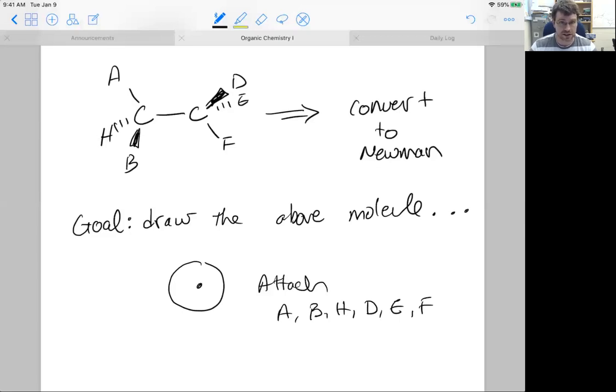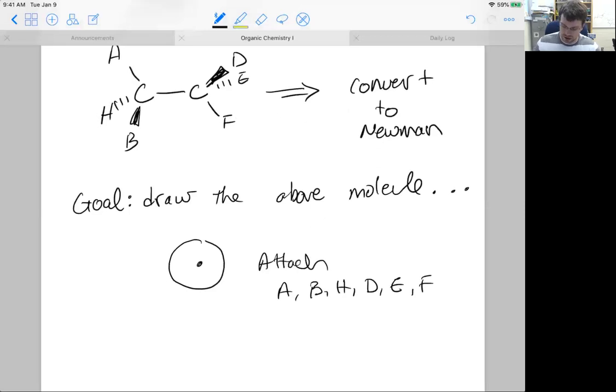So if it's a 6-membered ring, we just draw a hexagon hanging off at position A. If D is a big Herculean molecule, we just draw it out as best we can. We just copy and paste and move it over. Try to make the image simple. The focus is on the relative position of the 6 groups that are attached to the 2 carbons, in this case carbon atoms, that are undergoing free rotation. Okay, that's what we care about.